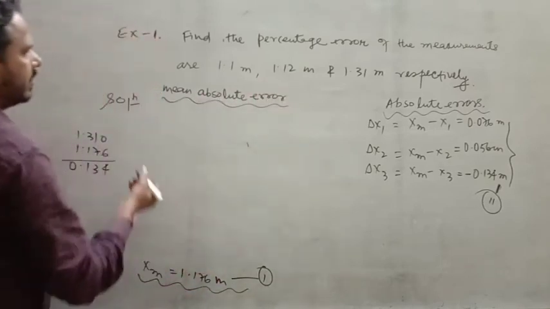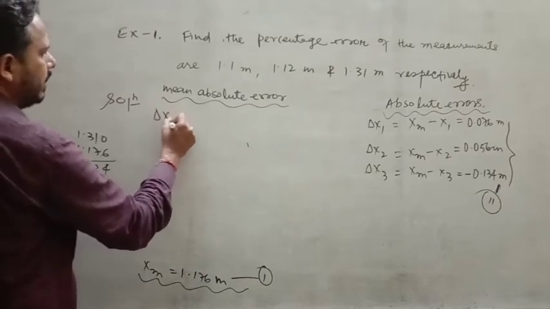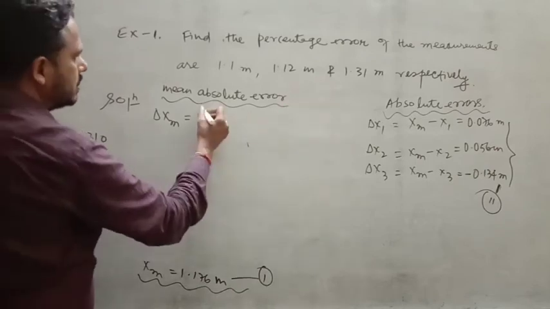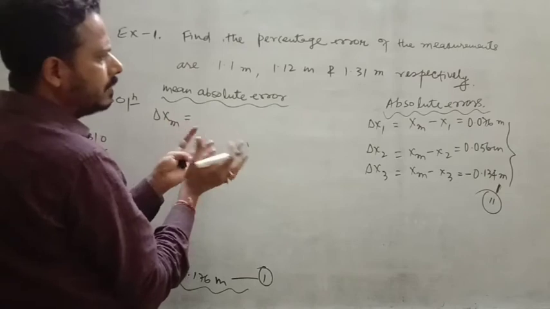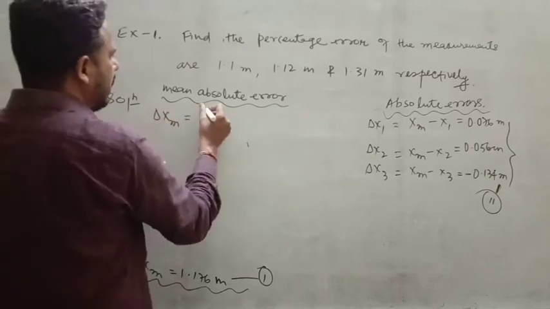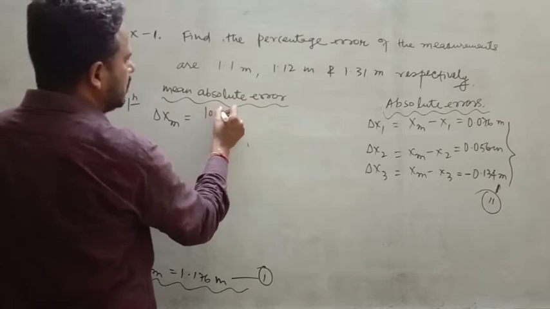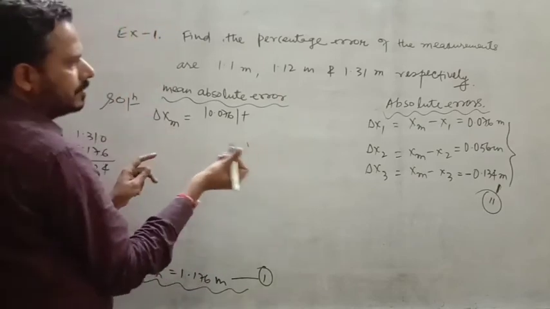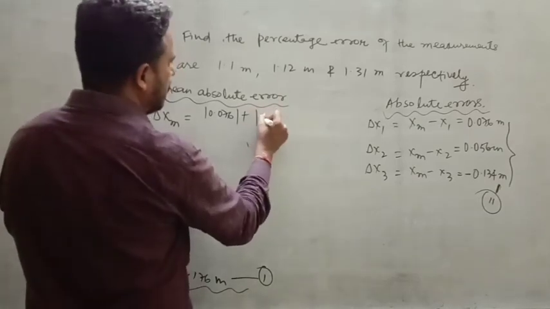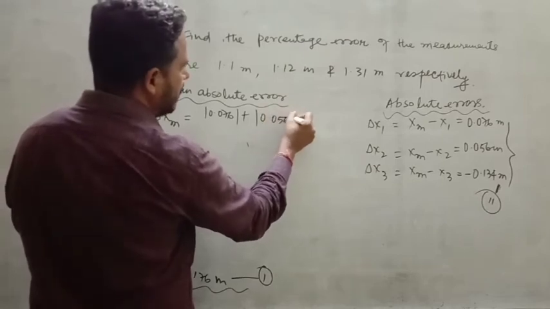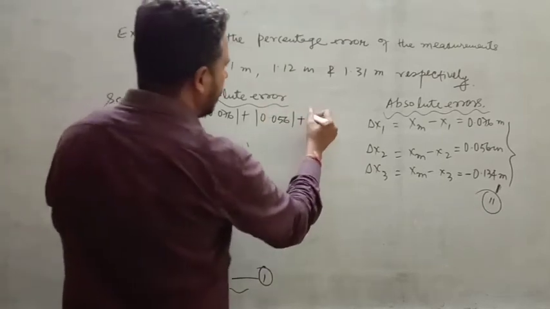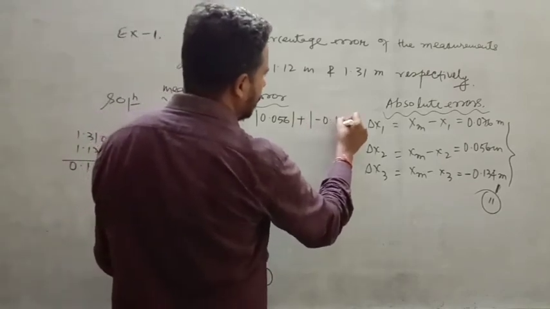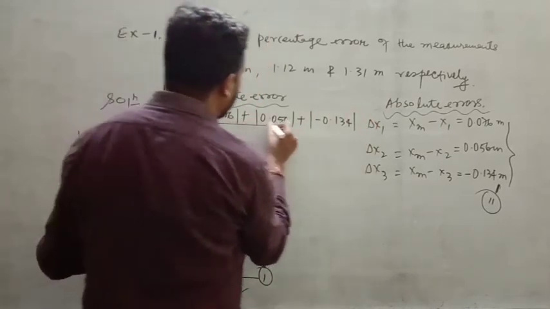How can you find the mean absolute error? It's very simple. For del x mean, you take the modulus of the absolute errors, that means you take the positive part for everyone. So it is 0.076 plus 0.056, and the third one is the negative one, 0.134, and we have taken all of these in modulus.